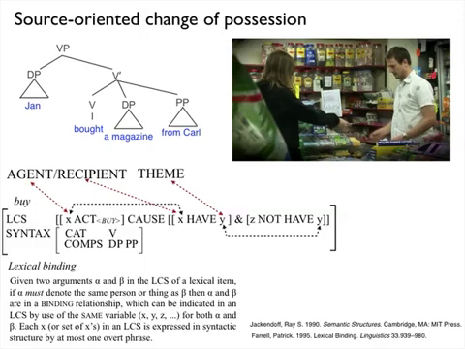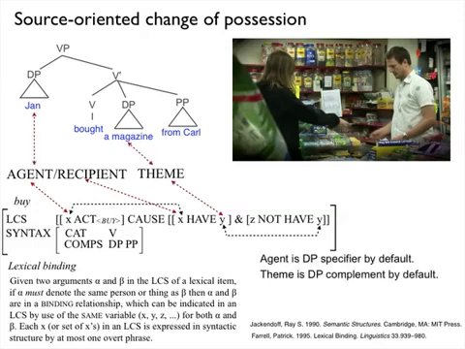And we'll come back to that, because where we're going to go next time is to cases where you want to say that there's variable binding that you can get inside of lexical conceptual structures. And when you have it inside of lexical conceptual structures, then it plays itself out in a certain way. The agent is the specifier by default. The theme is the complement by default. Here we've got the agent and the recipient being in a binding, there's a binding role there, right?